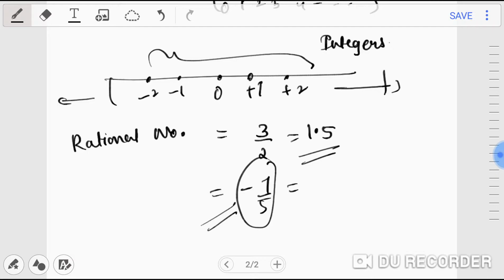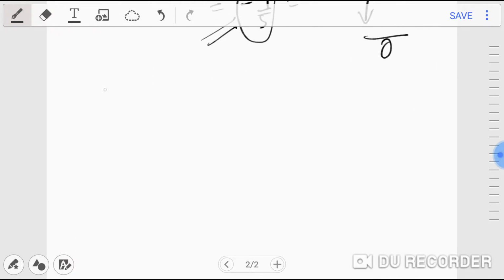Clear? So in a way we can say that rational numbers are numbers that can be written in the form of P upon Q, where Q should not be equal to 0. Because if the denominator is 0, suppose I give you 7 upon 0, you may say it is written in the form of a fraction, so it is a rational number.